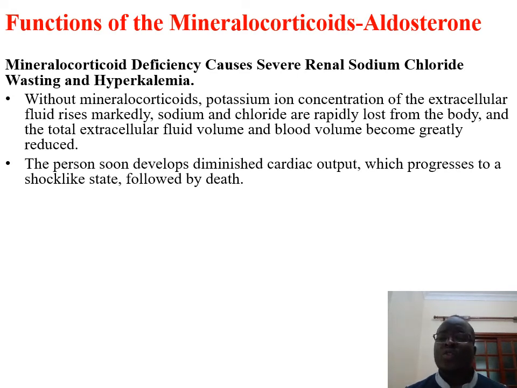That can also cause osmosis of water to move from the interstitium into the lumen of the kidney nephron. So urine production is going to increase. You are losing a lot of water, and that will bring about dehydration. There will be less water in the extracellular fluid, and the plasma volume will reduce. The blood volume is going to reduce greatly because of deficiency in aldosterone.